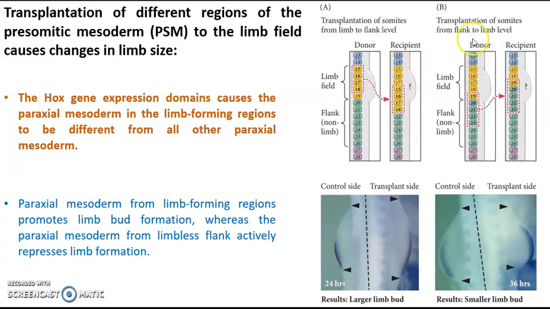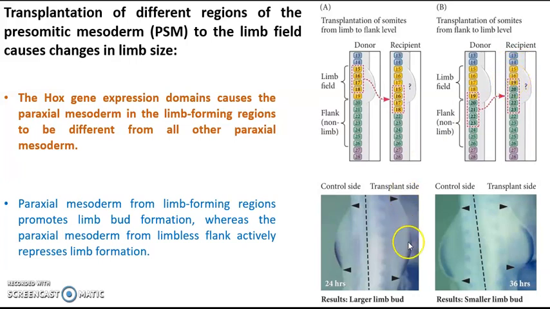In the second experiment, the transplantation of somites from flank to limb level, that is the reverse of the previous one, the somites from the non-limb area or the flank region are transplanted to the recipient's limb field, thus decreasing the region of the limb field.